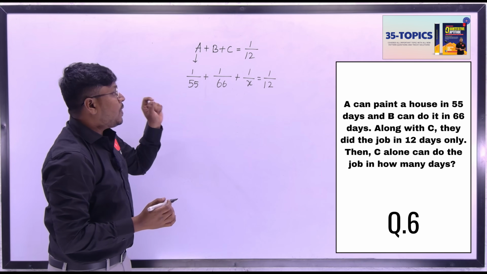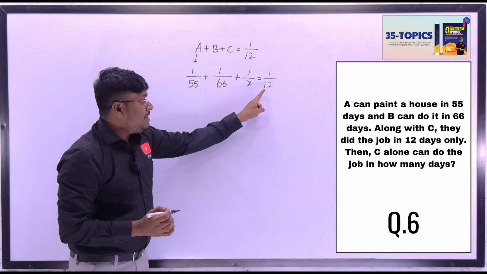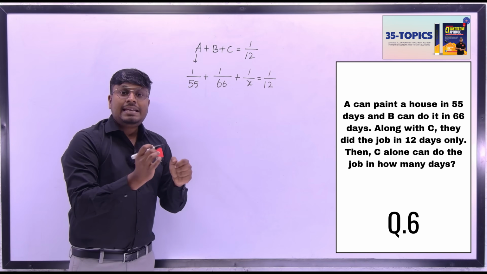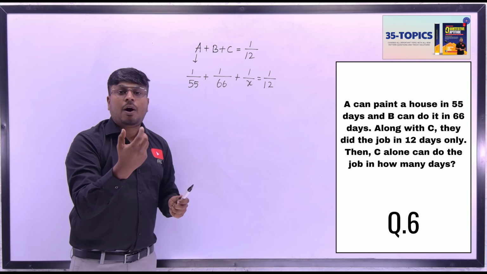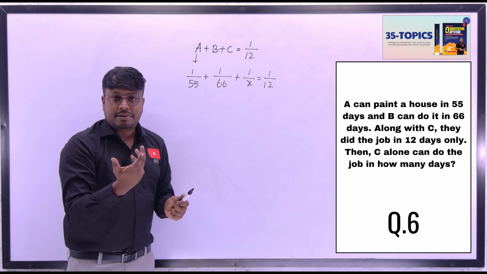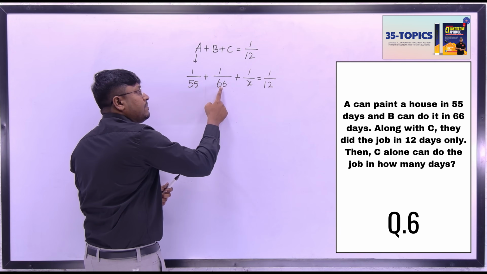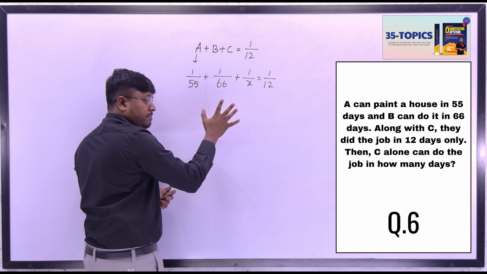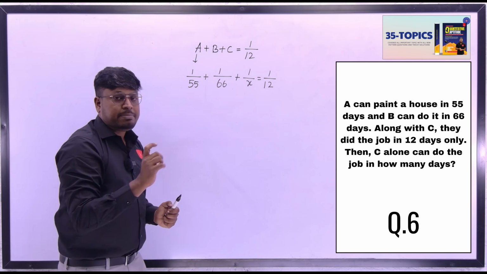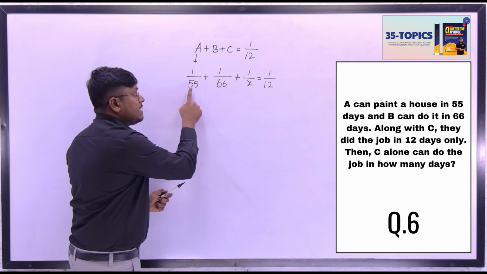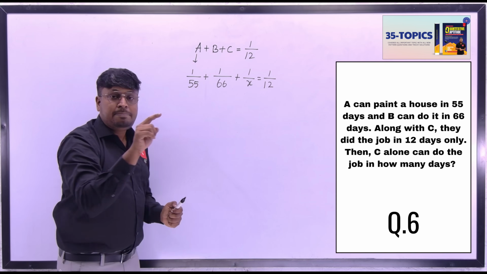But listen here, now taking an LCM. Here we have 12, 66, 55. So again, the easy way is to look for any common multiple numbers. Here 66, 55, 12, we can't find a common multiple; 66 is not a 12 multiple, 55 is also not a 12 multiple. But when you look at the numbers carefully, 55 and 66, both numbers are multiples of 11.